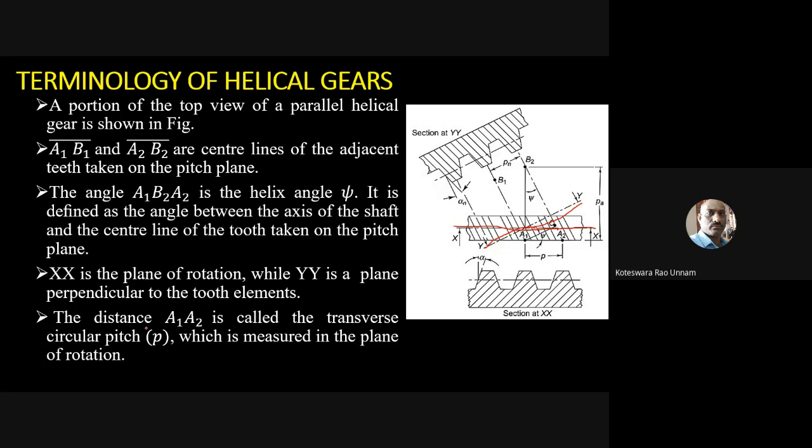The distance A1A2 is called the transverse circular pitch, which is measured in the plane of rotation. Since your x-axis is the plane of rotation, this transverse pitch is measured along the plane of rotation.